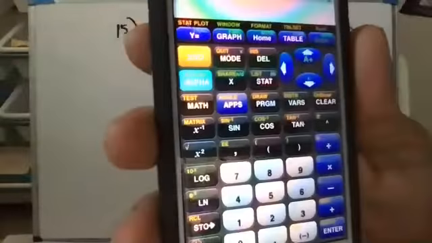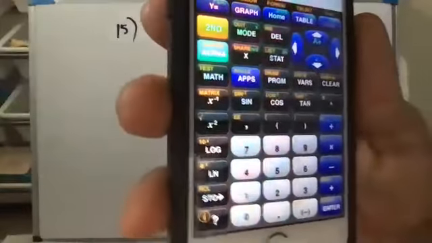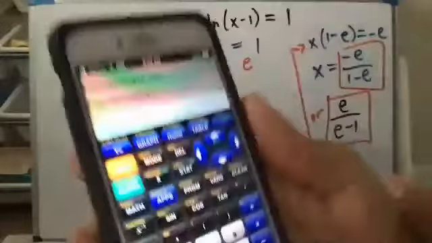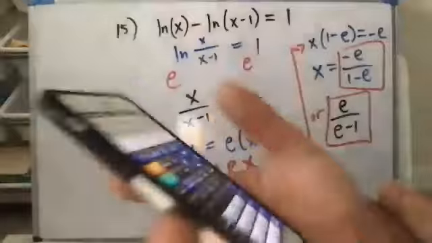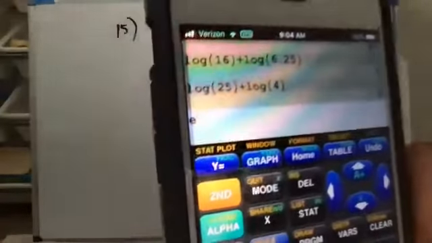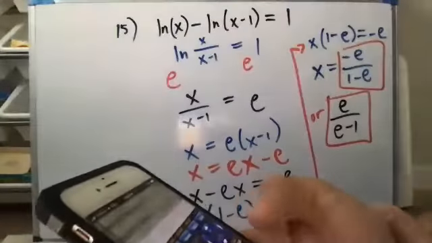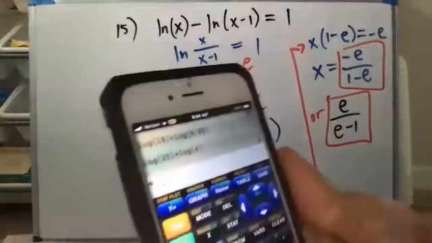Your calculator is going to look different, but you see that ln function on the bottom left, and it says e to the x in the corner, so that's what we want. So you got to press second once, and then e to the x. And then it displays e. So e to the 1 is just e, and then divide by e minus 1.